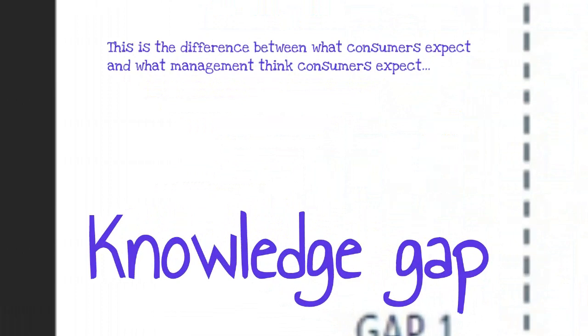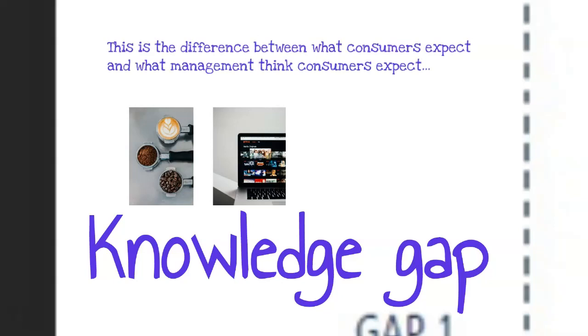The knowledge gap is the first one you need to consider. This is the difference between what consumers expect and what management think consumers expect. If we think of a new company manufacturing or delivering coffee beans, and then they market this new bean product as affordable to consumers, affordability to consumers might mean the same price as instant coffee.